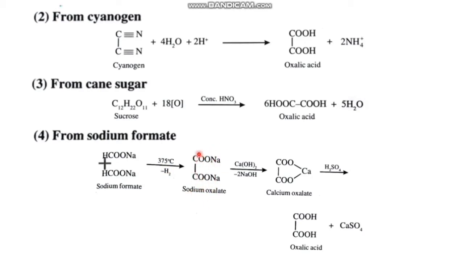This sodium oxalate is then treated with calcium hydroxide, Ca(OH)2, and we get calcium oxalate. This is followed by treatment of calcium oxalate with dilute sulfuric acid, and we get oxalic acid and calcium sulfate as a byproduct.